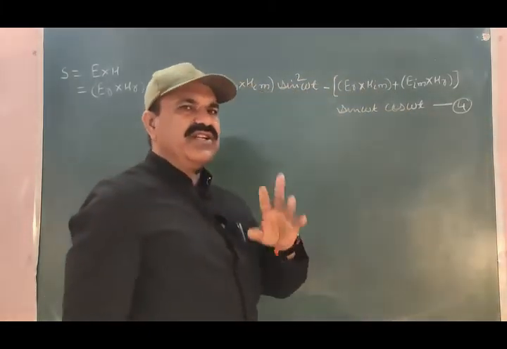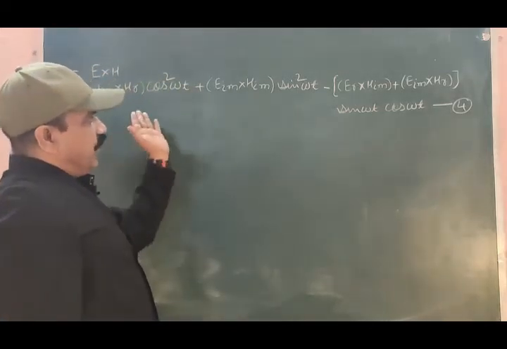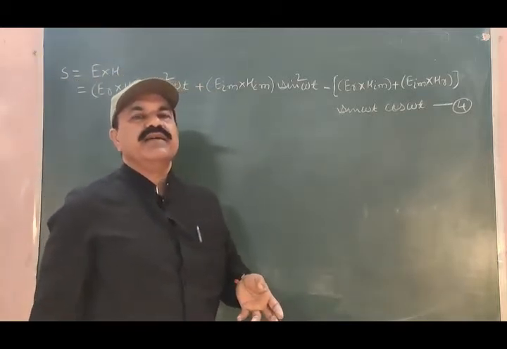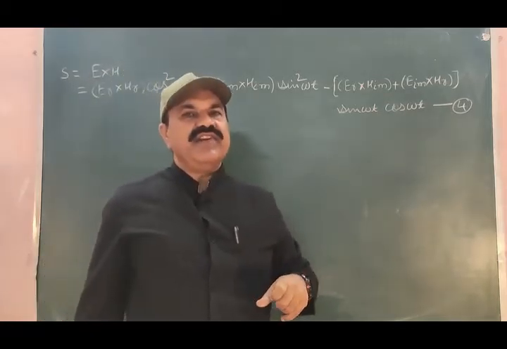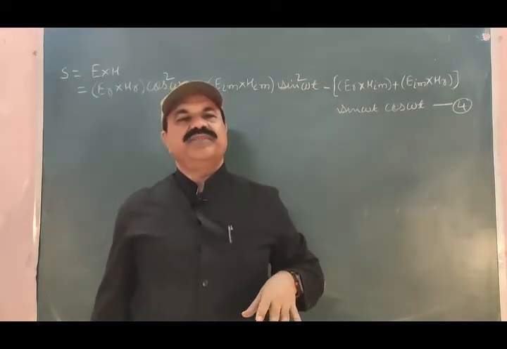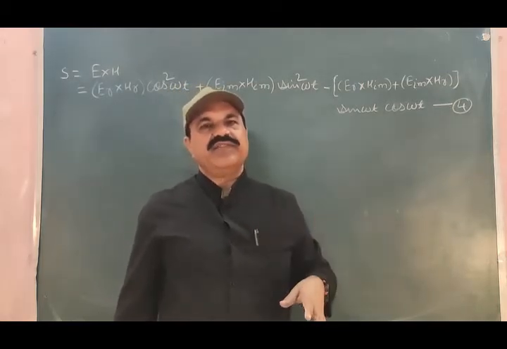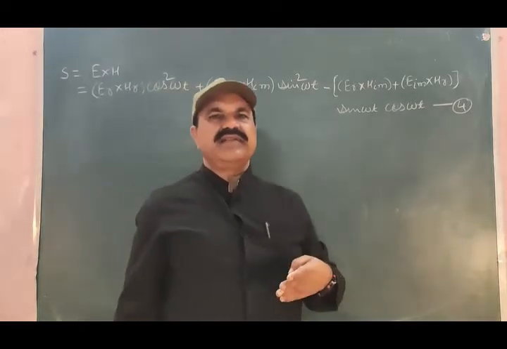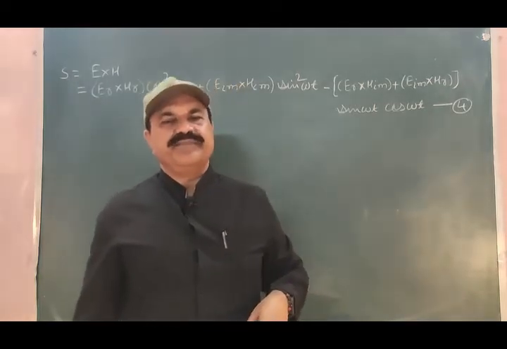We continue with the sequence we had in the last lecture. How did we obtain this equation for the Poynting vector? We started with the time varying fields. We have a general idea about the Poynting vector as power flux, or the rate of energy transmitted or crossing unit area held perpendicular to it per unit time.